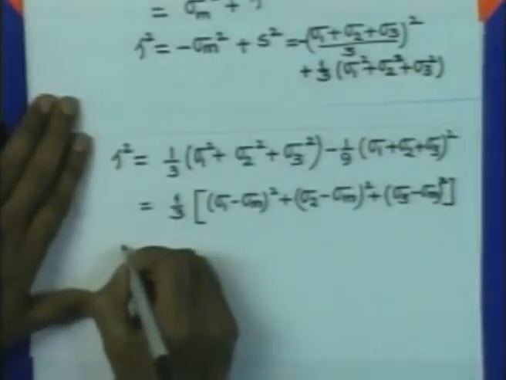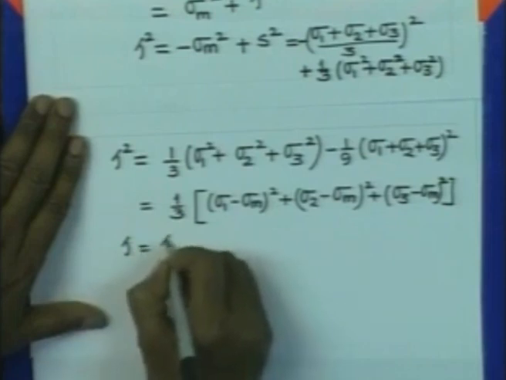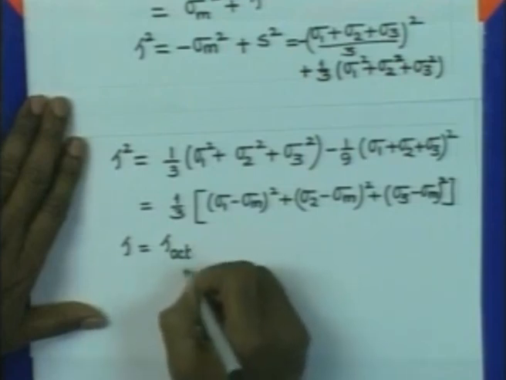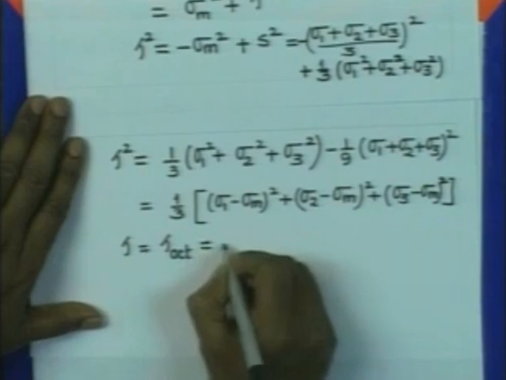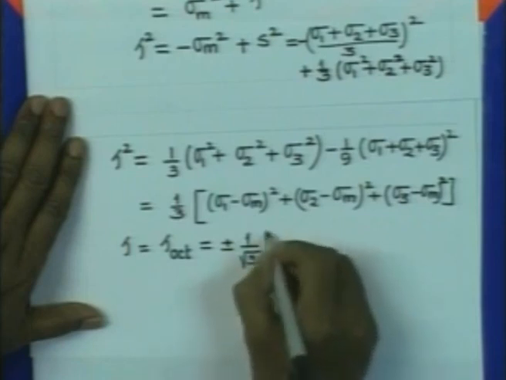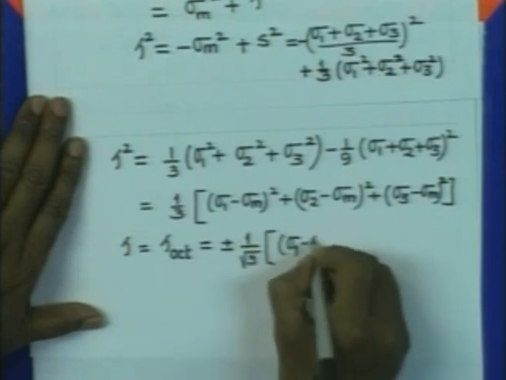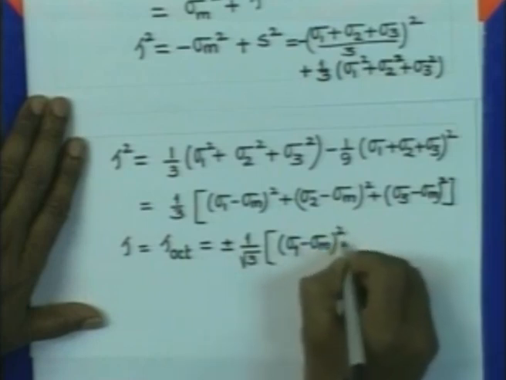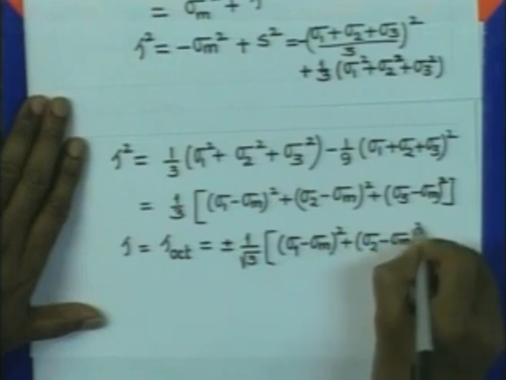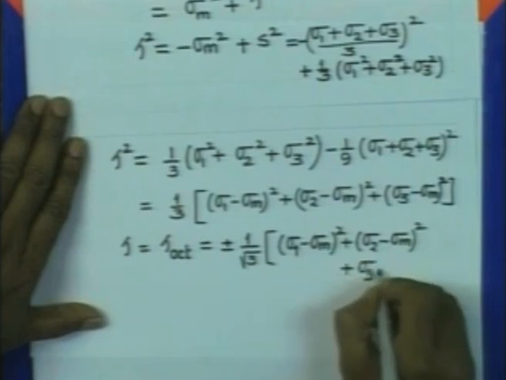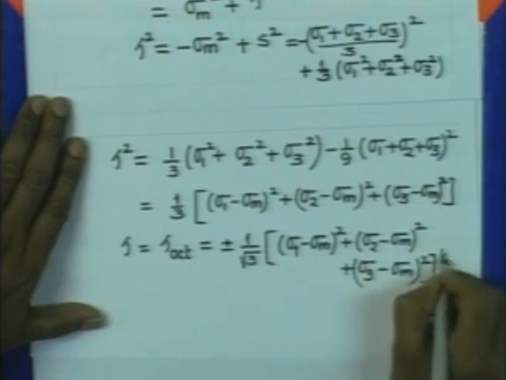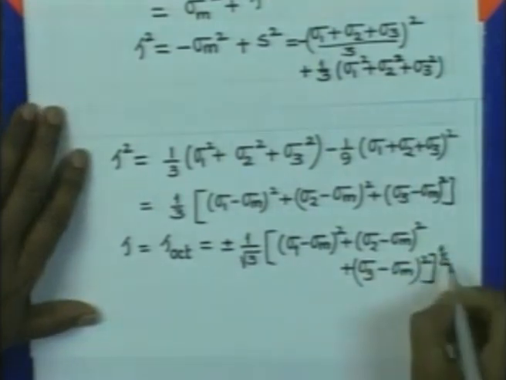Therefore, this stress, which is considered to be the octahedral shear stress, is indicated as tau with subscript OCT for octahedral, and is nothing but plus minus 1 by root 3 into sigma 1 minus sigma m whole square plus sigma 2 minus sigma m whole square plus sigma 3 minus sigma m whole square, raised to the exponent 1 by 2.